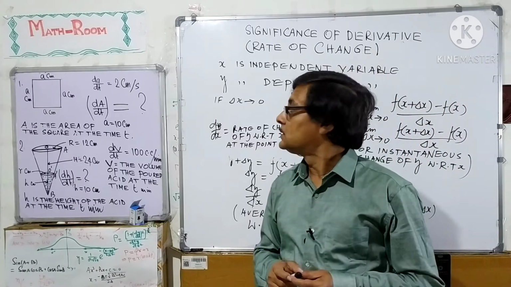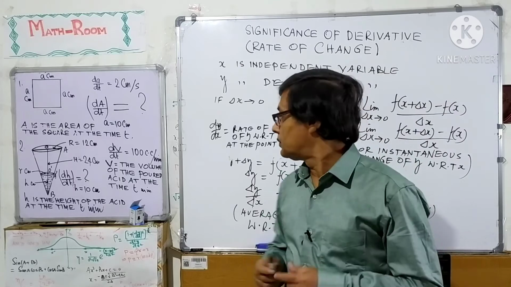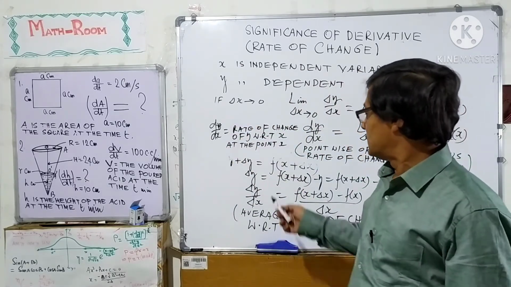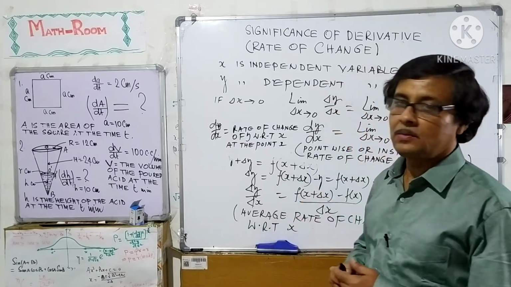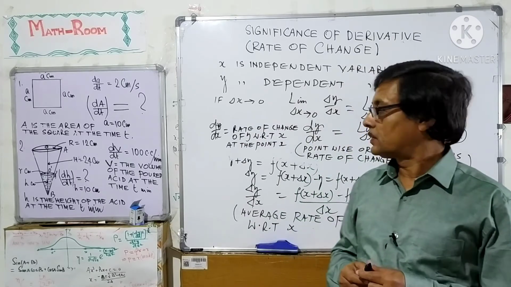Now, we shall discuss the geometrical significance of both dy/dx and del y over del x, that is, the average rate of change and the pointwise rate of change of y with respect to x.